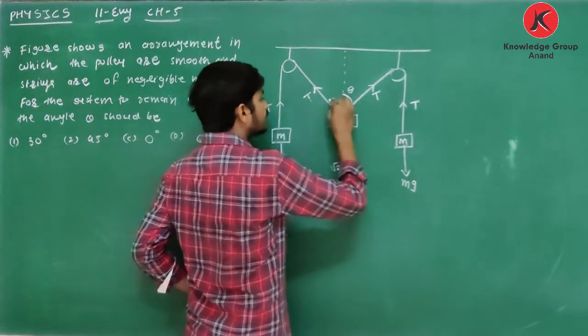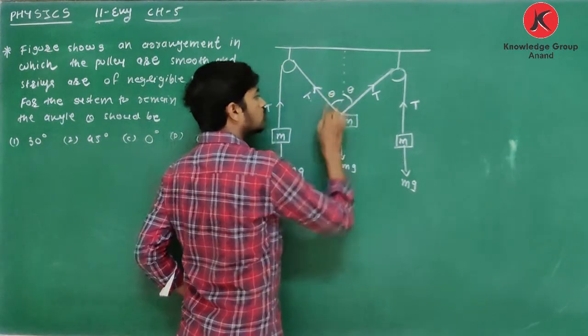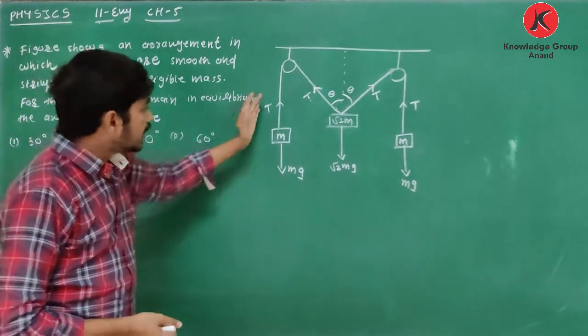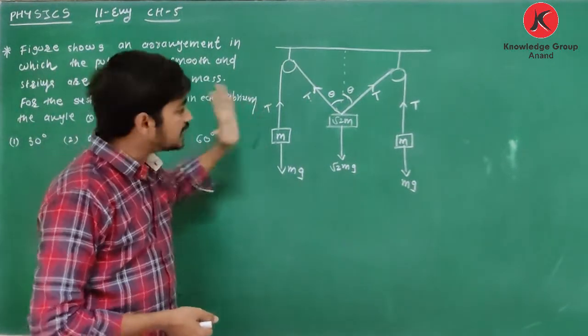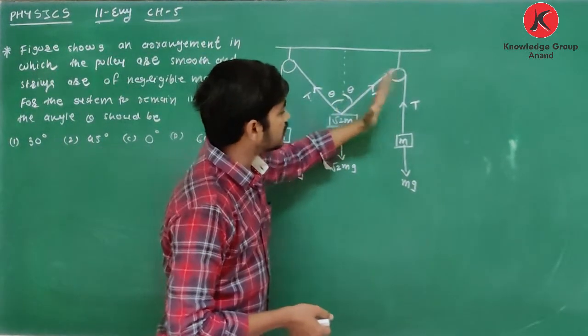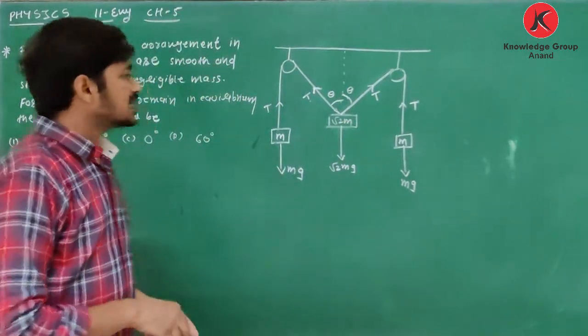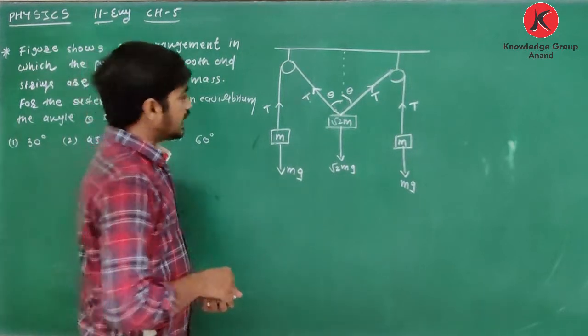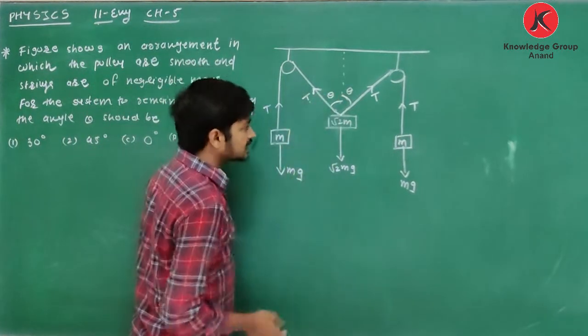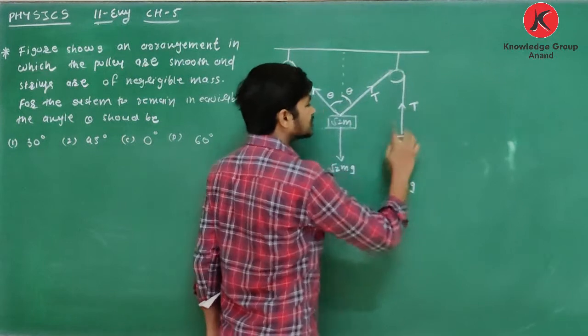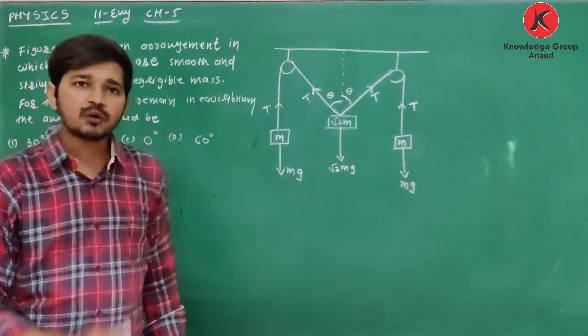If this angle is theta, then obviously this angle is also theta. So if the tension produced in this string is T, then the tension produced in this string is also T. Clear about this? That's why I have considered the tension in this string as T and also the tension in this string as T.